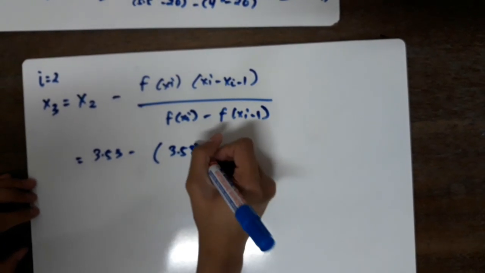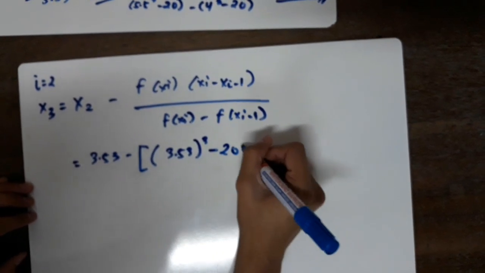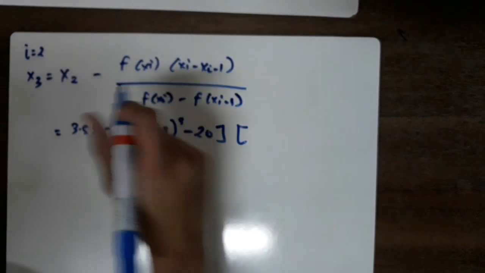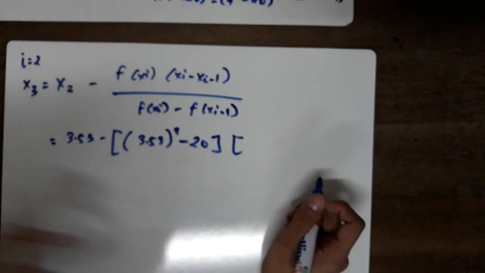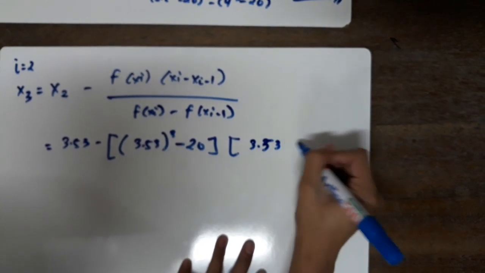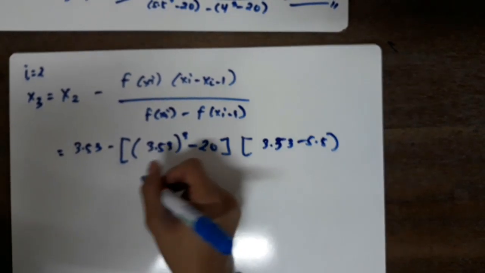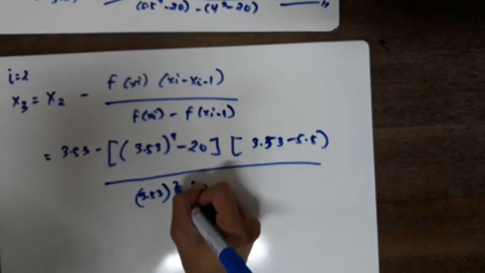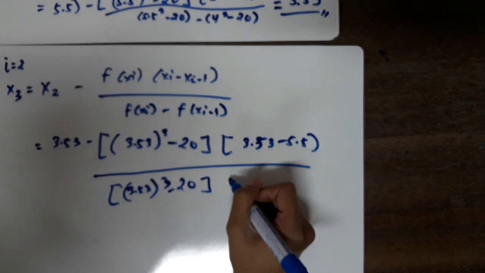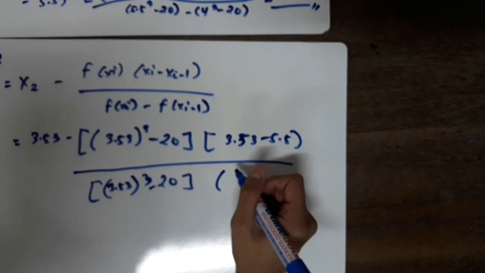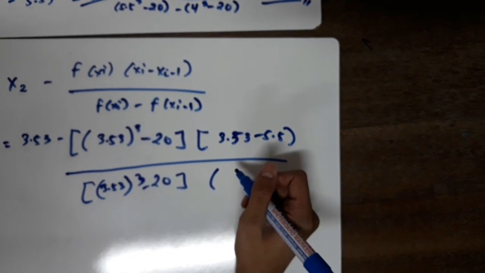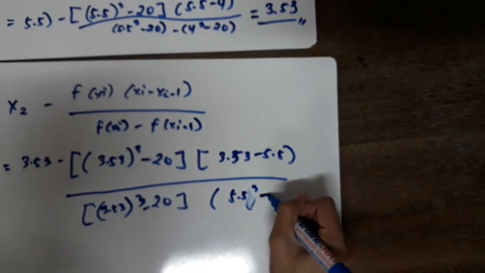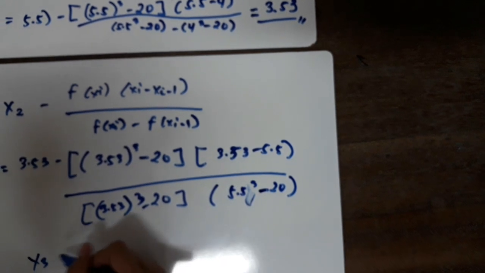So 3.53 cubed minus 20, then times 3.53 minus our x sub 1, which is 5.5, over 3.53 cubed minus 20, then minus 5.5 cubed minus 20.